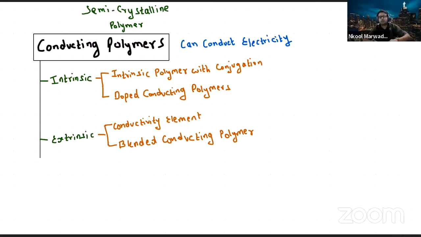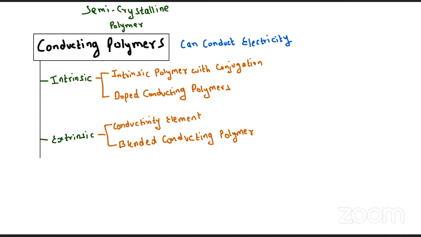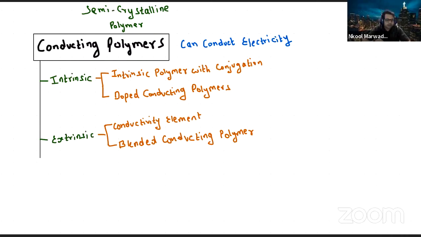Now let us look at some examples of conducting polymers. Okay, so I think we will do this in the next lecture, because we have some important examples that we will do properly. Then we will discuss some very interesting things, like what this conjugation phenomenon is.